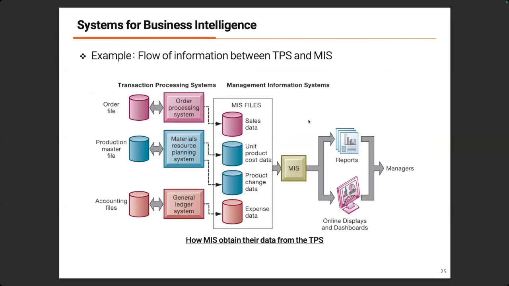Okay. So we have some order processing systems and a material resource planning system, or a general ledger system. Actually, the general ledger is an account book that has records of all financial transactions of a company.